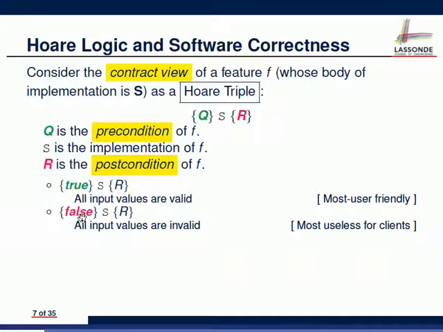You never get a chance to testify. So that's actually correct, but useless. It's possible, theoretically speaking. But typically, you don't really have any extreme like this. Either the precondition is true, which means all inputs are fine, or it is false, where all inputs are not fine. You should really have somewhere in between. That's typically the case.